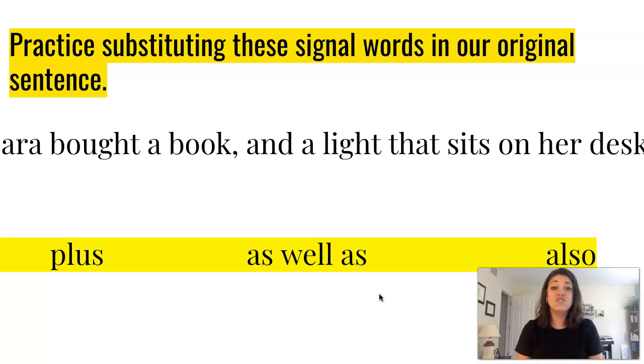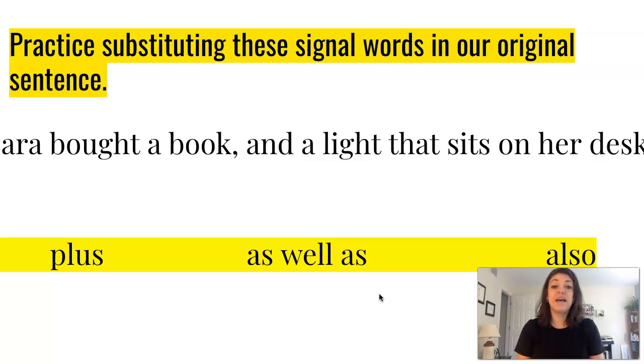Your sentence should have sounded something like this. Sarah bought a book plus a light that sits on her desk. So plus means in addition to. It means the same thing as and.